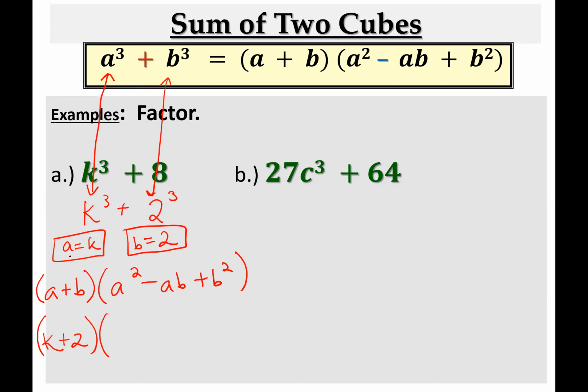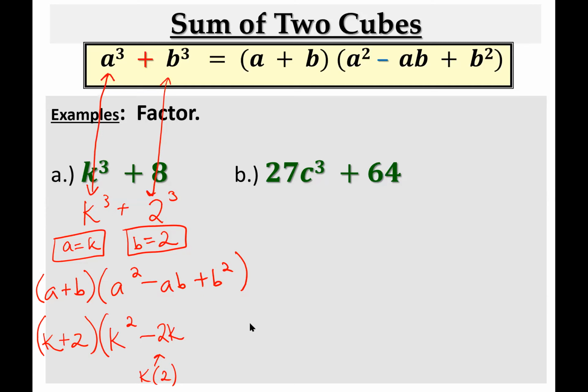Instead of writing a squared, I will write k squared minus ab. Instead of ab, we need to multiply k times 2. It looks a little strange to write k2. Instead, we write 2k. We're just used to writing the number before the variable. It's kind of the order that we're used to.